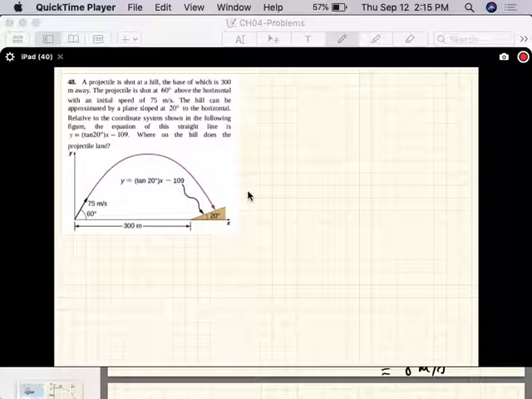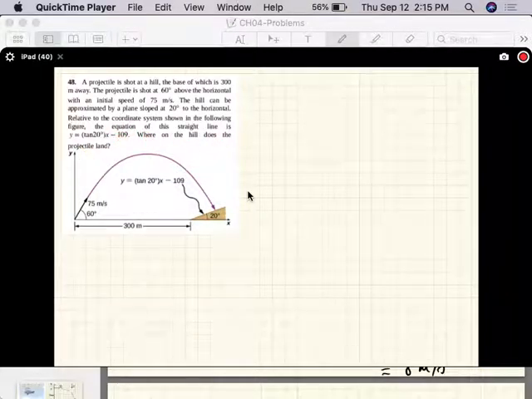Okay, so let's do tan 20 times 300, and that works out to 109. So that's the equation of this line.